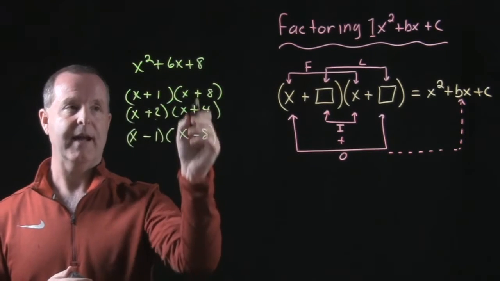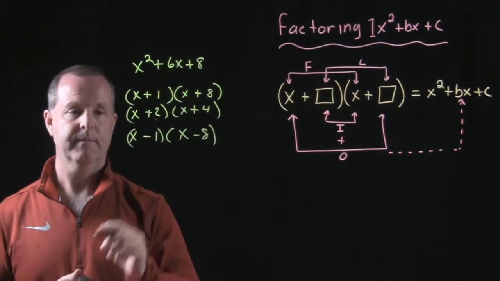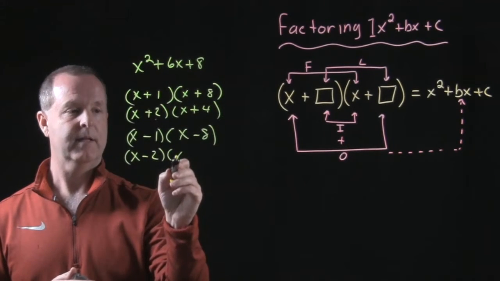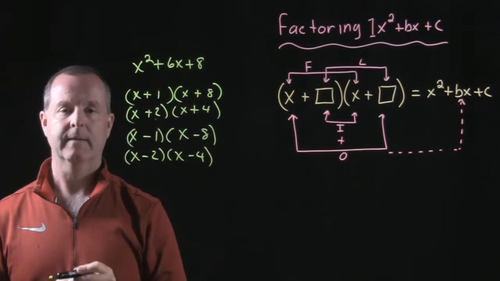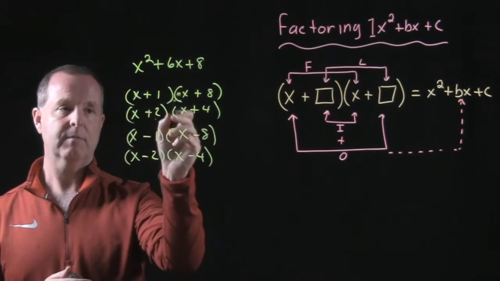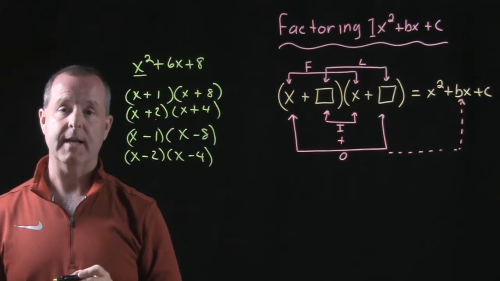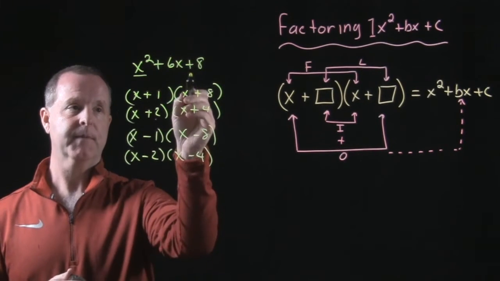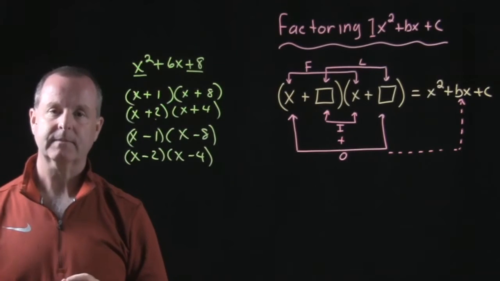Negative 1 times negative 8 produces a positive 8. And then I can also do x minus 2 times x minus 4. All of these binomials, when I multiply, first term times first term produces an x squared, and the last times the last term produces the 8.